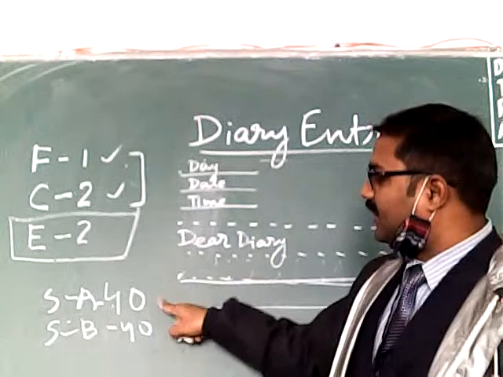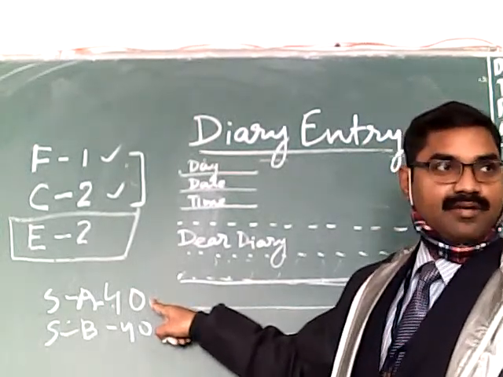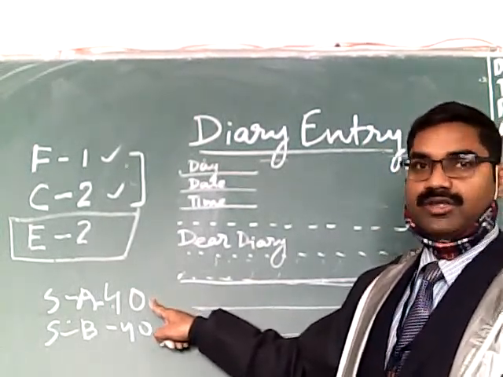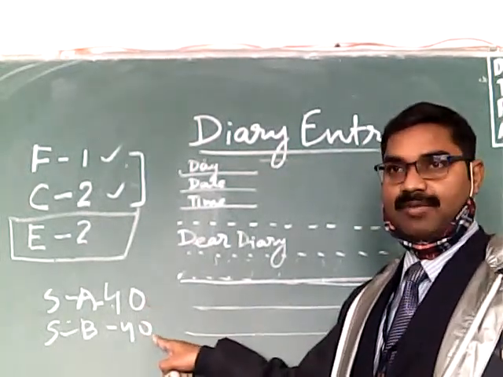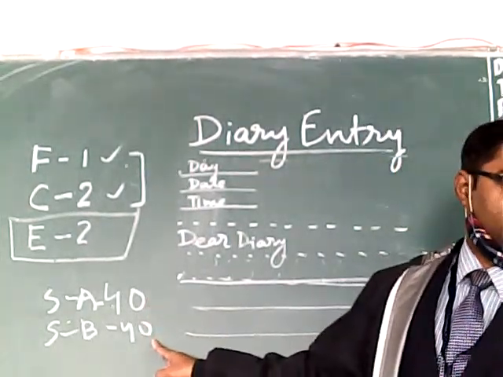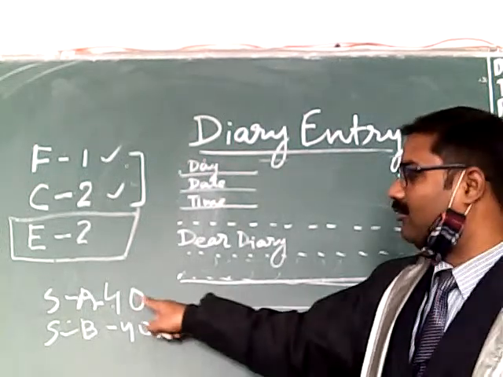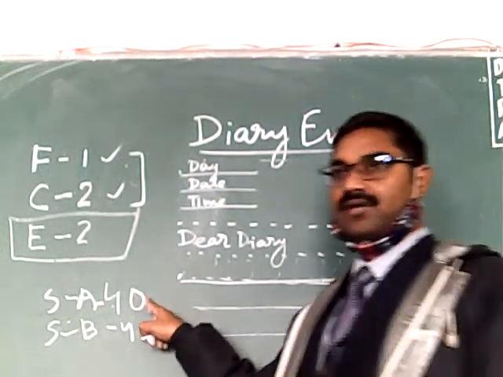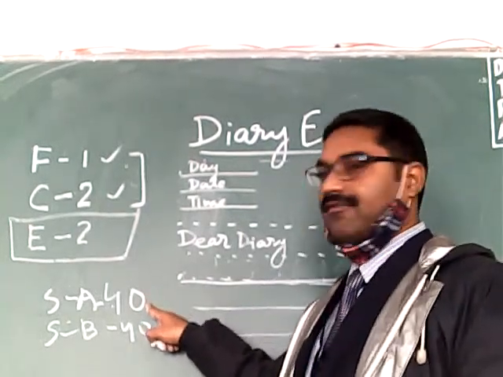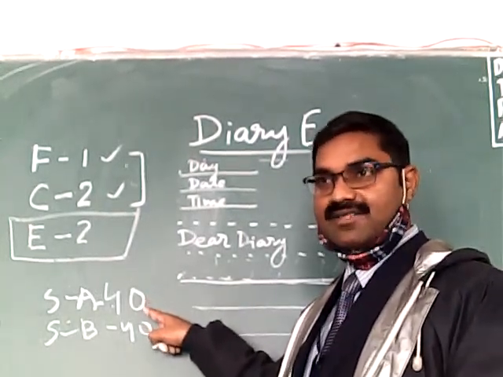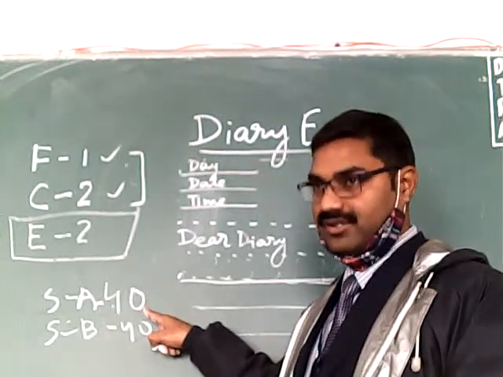All the questions in section A will be objective, and all the questions in section B will be subjective. In the subjective, you will have to write. Here you will have to choose the appropriate option. In section A, there will be an unseen passage, a grammar section, and literature.